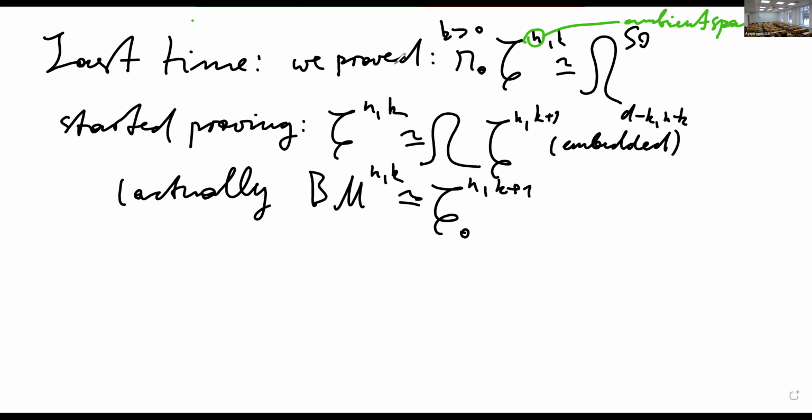D is the dimension of the manifold, the mapping class group of which we want to say something about. K is, well, K is just a parameter.